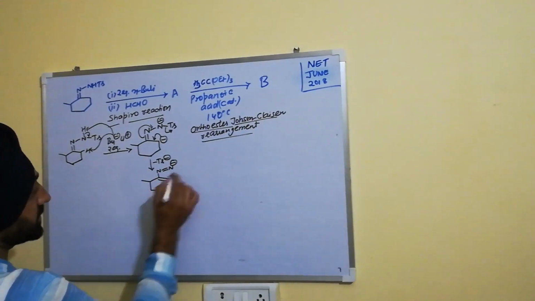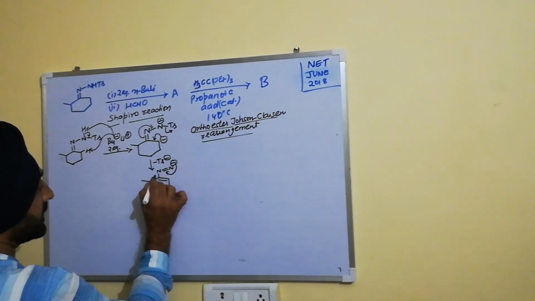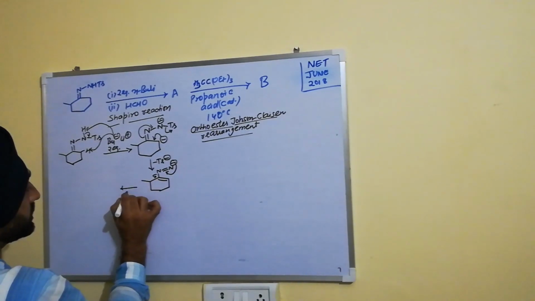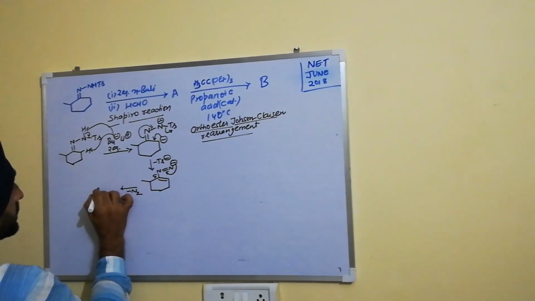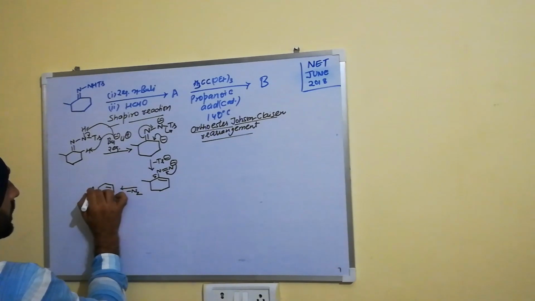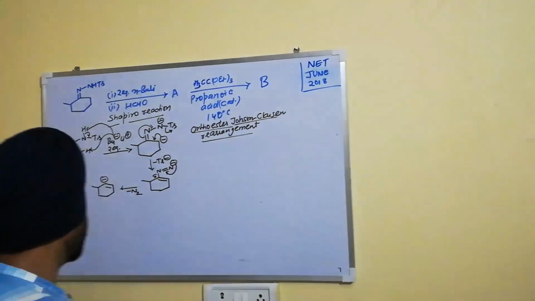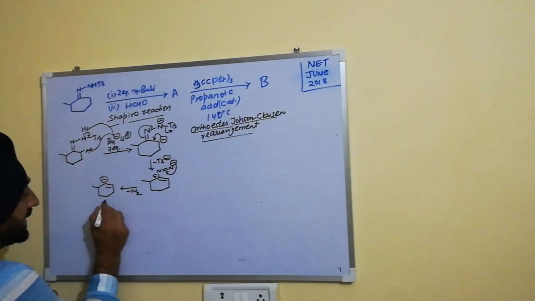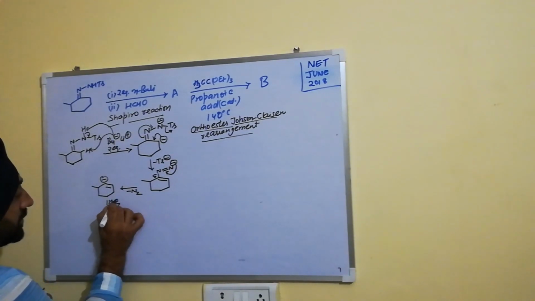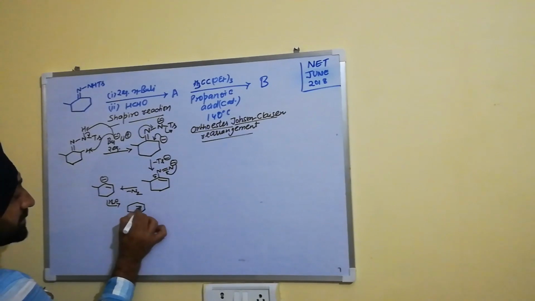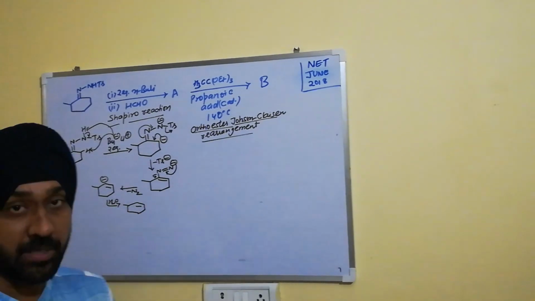The next step is the expulsion of nitrogen from the reaction. Now in the case of the Shapiro reaction, this intermediate gets quenched with water to give the alkene as the major product. This happens in the case of the Shapiro reaction.